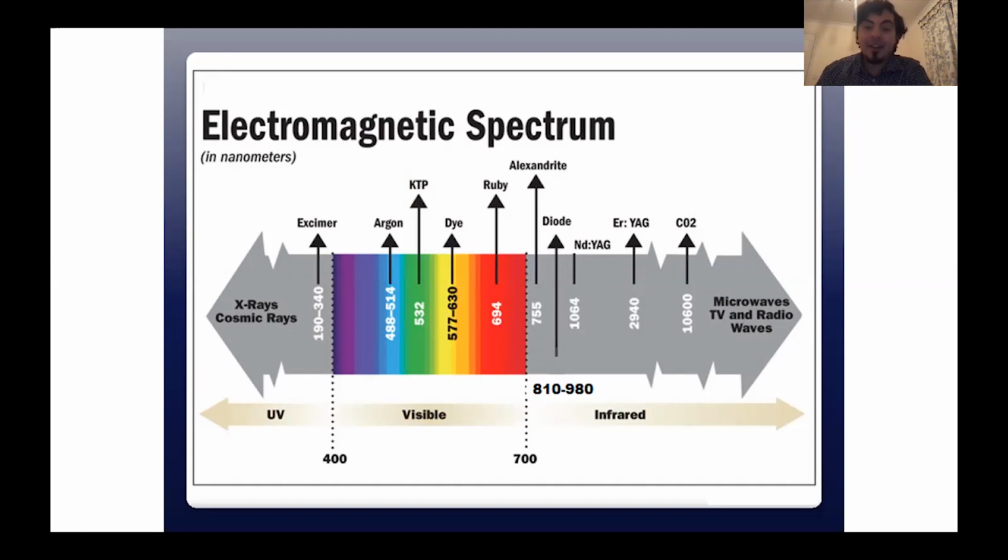In this particular area, it's worth noting, if you think about it logically, that because it's not in the visible light spectrum, we actually can't see the actual laser beam.